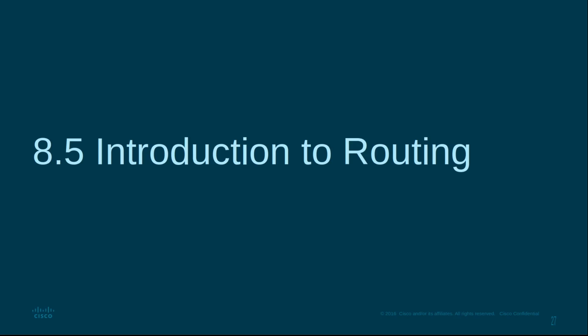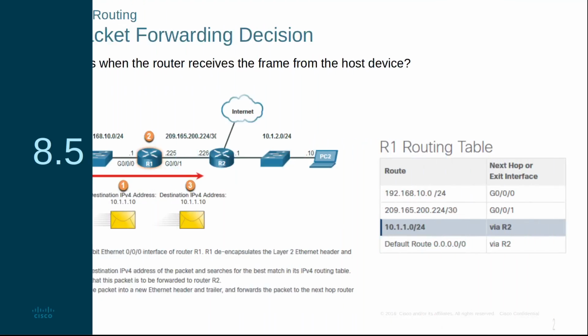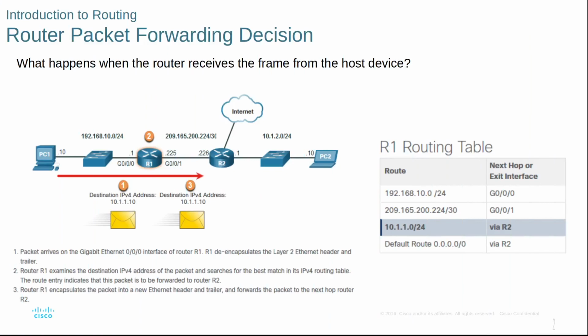So how are packets routed? What happens? Well, we've got a router, and we've got a PC that's trying to send a packet. In that layer 3 packet, we have a source and destination IP address.